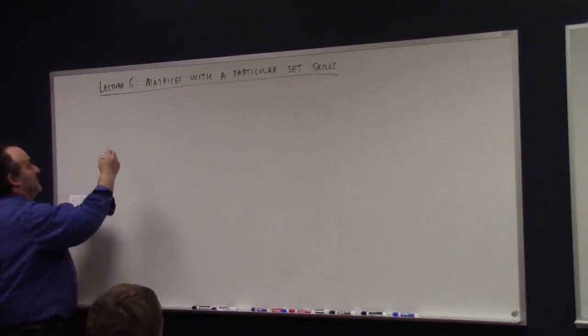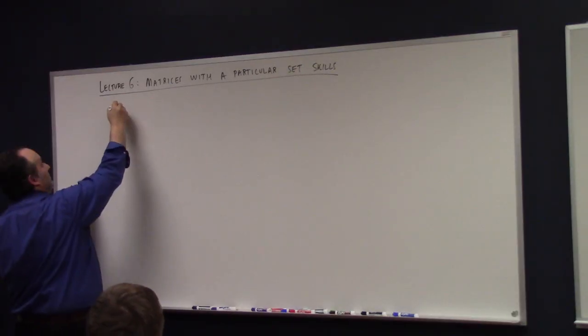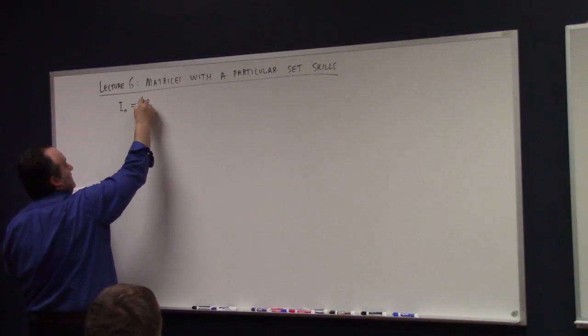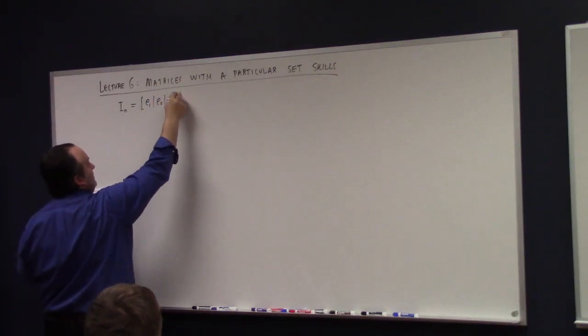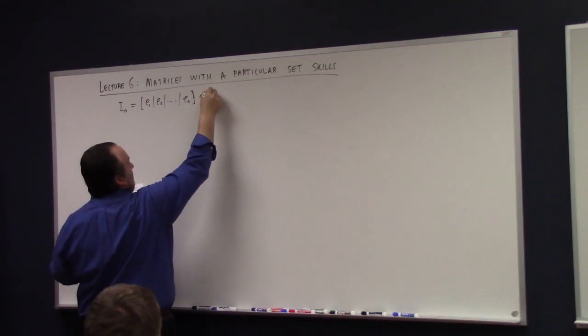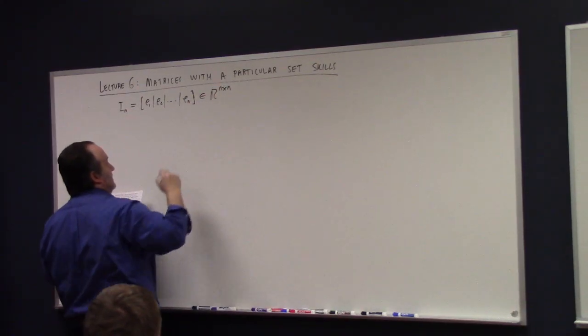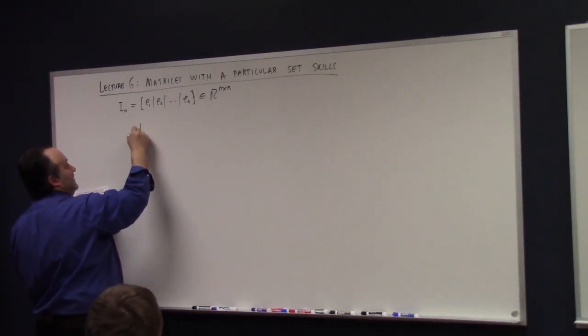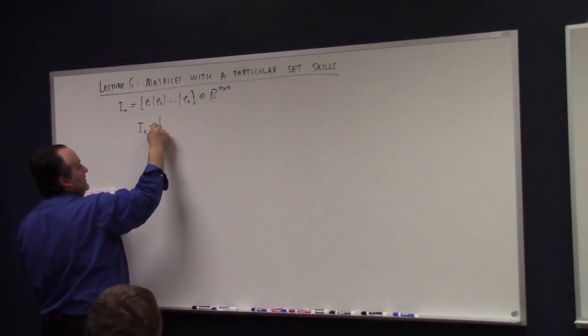So like, let's see here. I_n, that's something we talked about. So I_n is e_1, e_2, ..., e_n, right? This is an n by n matrix. This is called the identity matrix, right? And so for instance, I_2 is a 2 by 2 matrix.